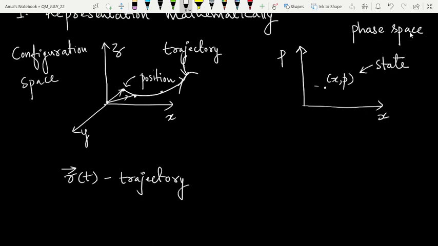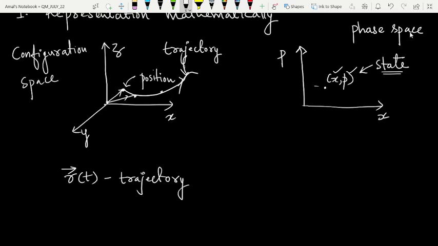So there is a difference between the configuration of an object and the state of an object. We can predict the future trajectory of a particle only if we know the initial state. That is, we should be able to know position and momentum. Then only we can predict the final state.